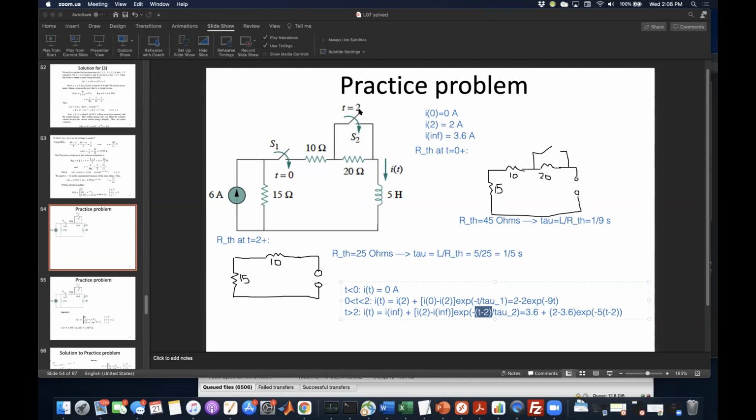So this switch flips not at time 0, but at time equals 2. And therefore, our transient response is also delayed by 2 units.